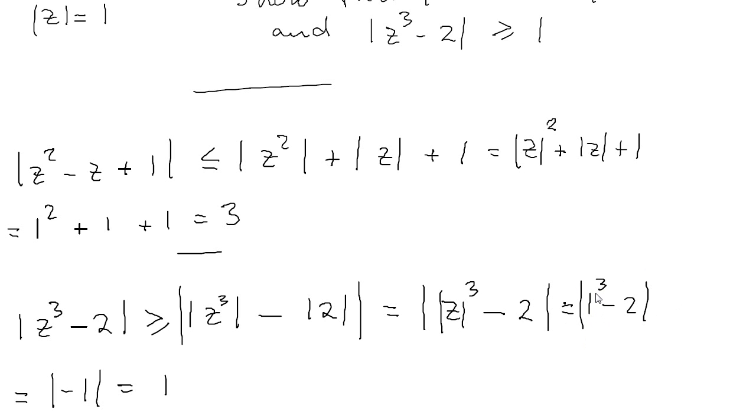And the absolute value of this is just 1. So hence we have proven that the absolute value of z to the power of 3 minus 2 is larger than 1.